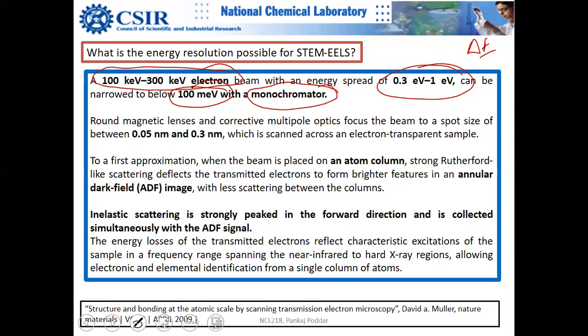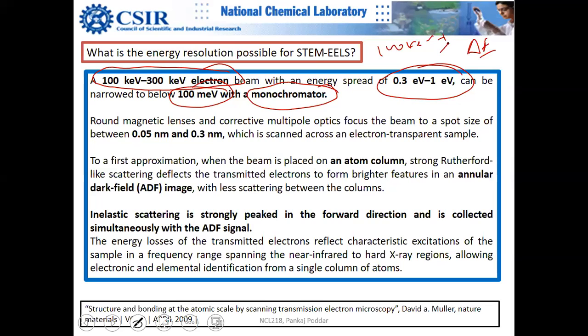You can make it more monochromatic, down to 100 meV. It's a very serious number, believe me. For energies in keV, we are talking about meV spread. So when you say 100 keV, plus minus 100 meV, it is mind-boggling.